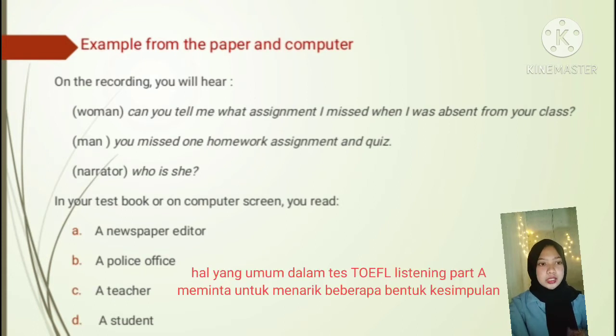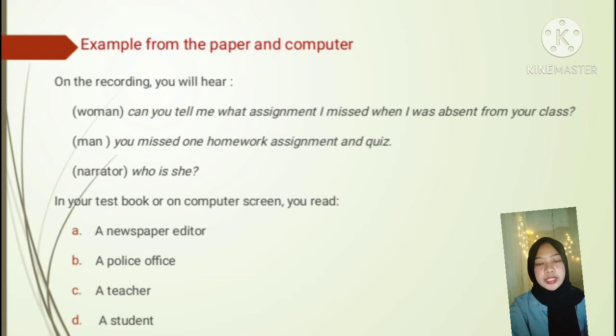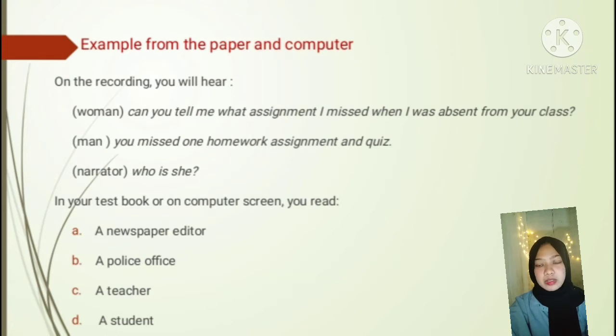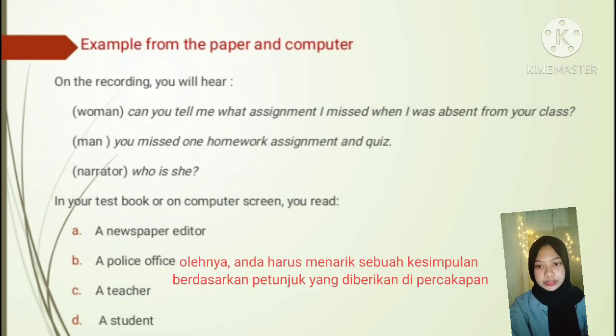Alright. It is common in listening Part A to ask you to draw some kind of conclusion. In this type of question, the answer is not clearly stated. Instead, you must draw a conclusion based on clues given in the conversation.